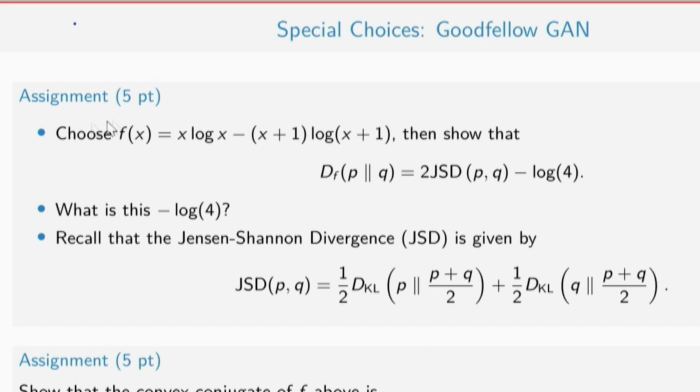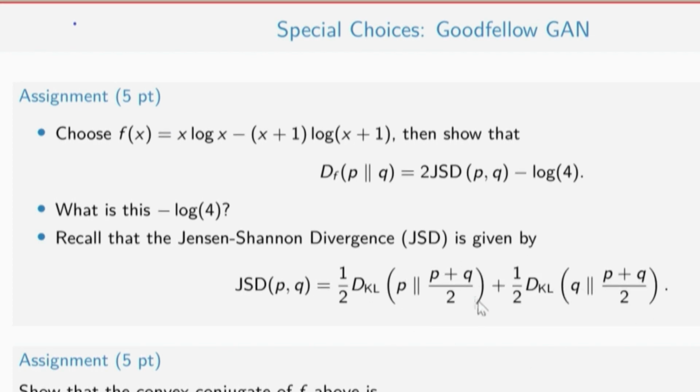x log x minus (x plus 1) log (x plus 1). Then the f divergence will be this, where JSD is the Jensen-Shannon divergence that I also described in the previous class, which is a symmetrized form of KL divergence. You can see here D_KL, which is KL divergence, P given (P plus Q) by 2, and then Q given (P plus Q) by 2.